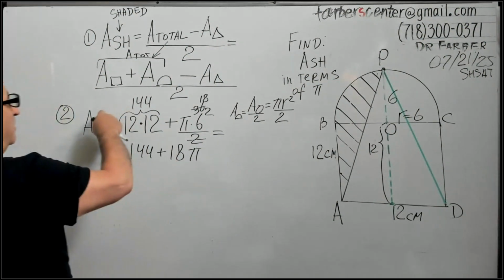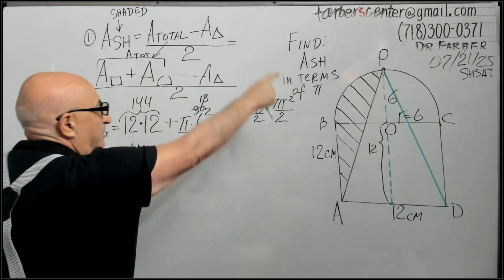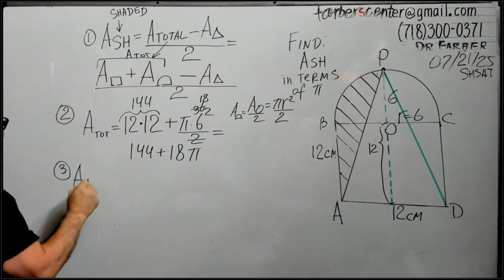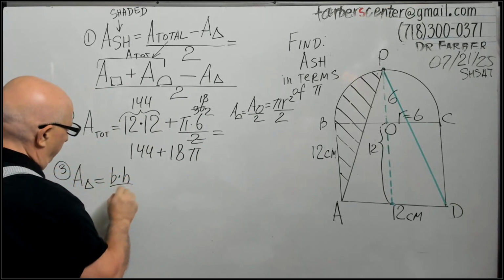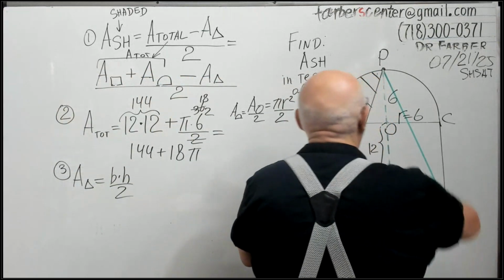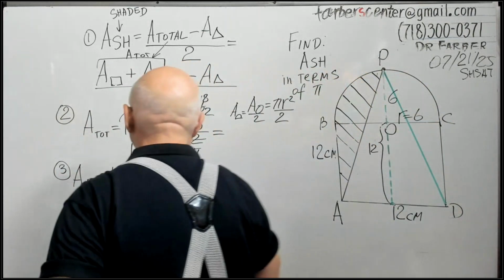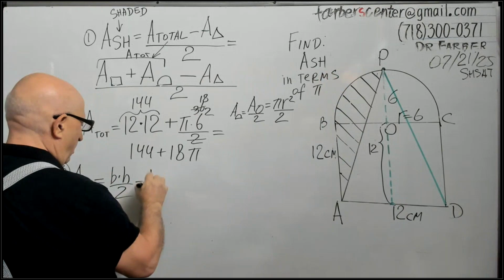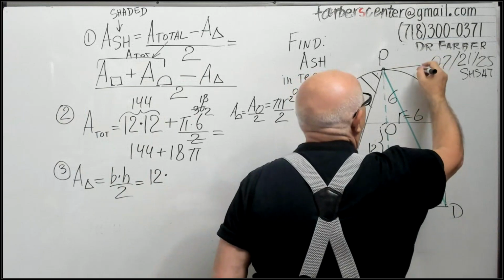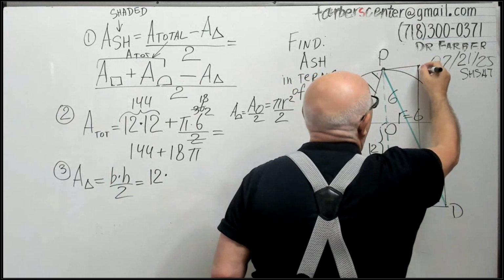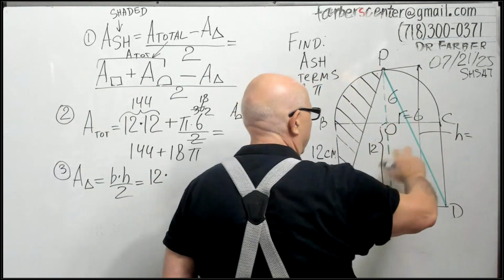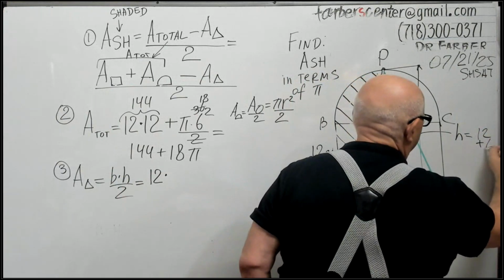Now, in my algorithm, I have to find area of the triangle, this large triangle. From 4th grade, you know that area of a triangle equals base times height divided by 2. Look at this. My base is 12. I'm talking about this triangle. My height is this height. This height equals 12 plus 6, 2 pieces together, which is 18.